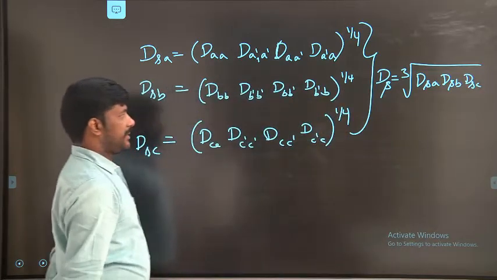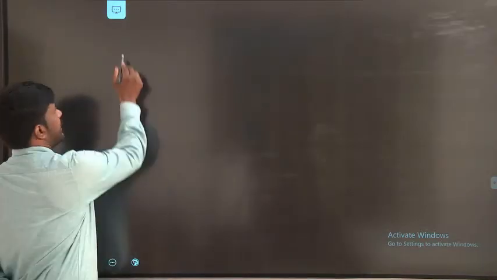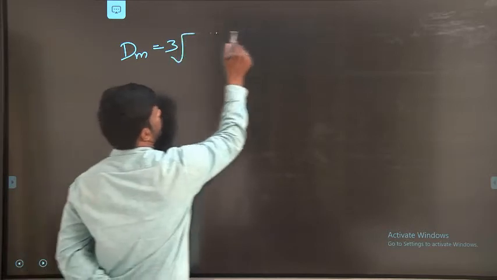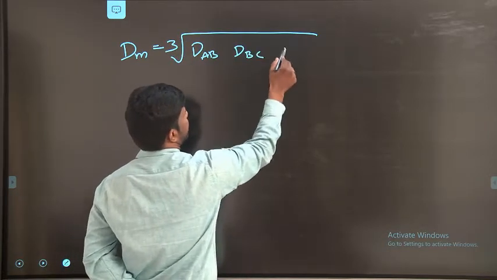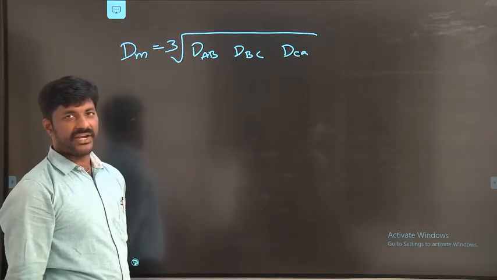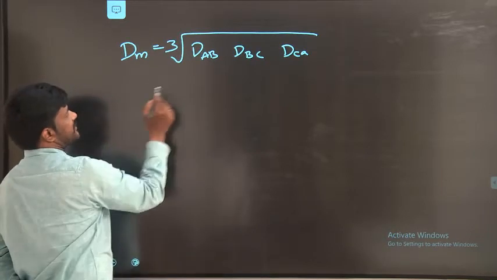And next, the mutual summary. What is the mutual summary? We concentrate on dm, which is equal to cube root of DAB, DBC, DCA. This is for a double line circuit. Okay. Then how to write these expansions?